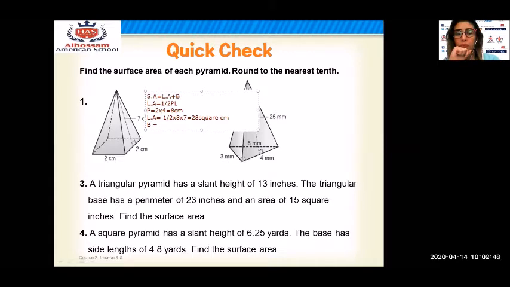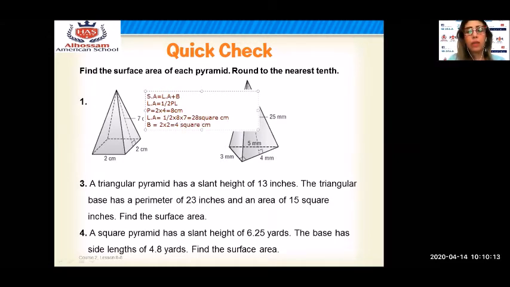You have found the perimeter, which is side times 4. What about B? How can we find it? Side times side, yes, which is 2 times 2 equals 4 square centimeters. This is B.